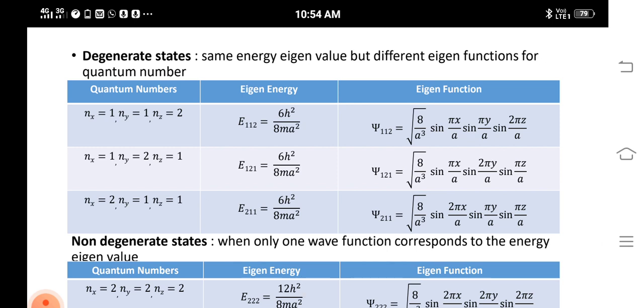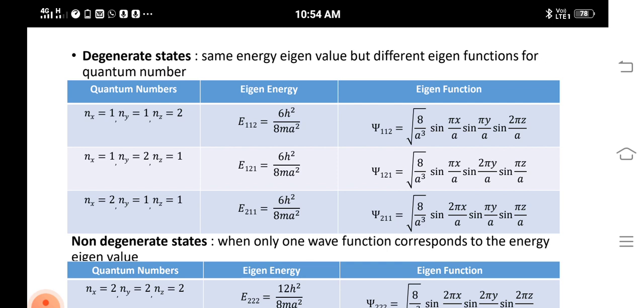In the case of a degenerate state, the same energy eigenvalue appears but with different eigenfunctions for different quantum numbers. For example, when we take nx is 1, ny is 1 and nz is 2, we obtain energy E112 equal to 6 h squared divided by 8 m a squared.